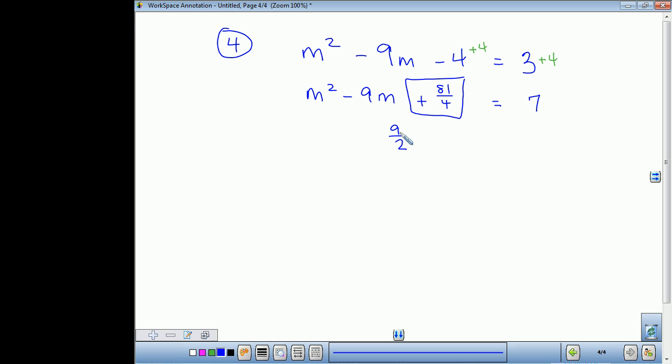So after you do 9 divided by 2, it's going to turn it into 4.5. And when you square it, it turns it into 20.25. But then when you hit the math button, and then the fraction button, and enter, it turns it to this for you.